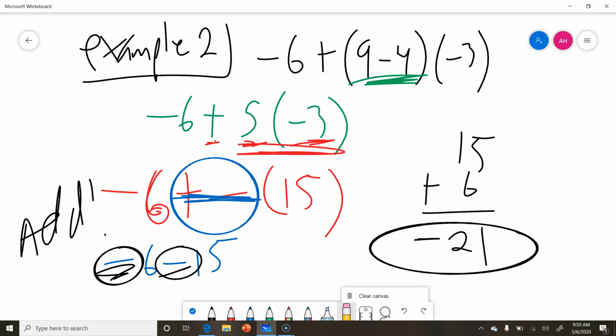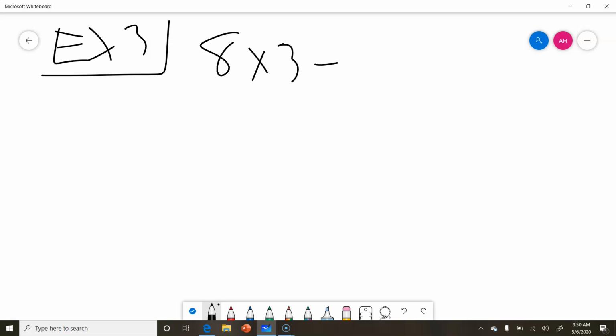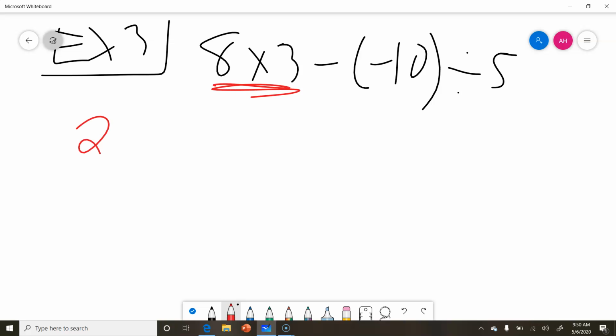Okay, now let's go on to example 3. So now we have 8 times 3 minus negative 10 divided by 5. Order of operations says left to right, right? So this guy is not in parentheses, he's just a negative. So I start here. I do this first, 8 times 3, which is 24.